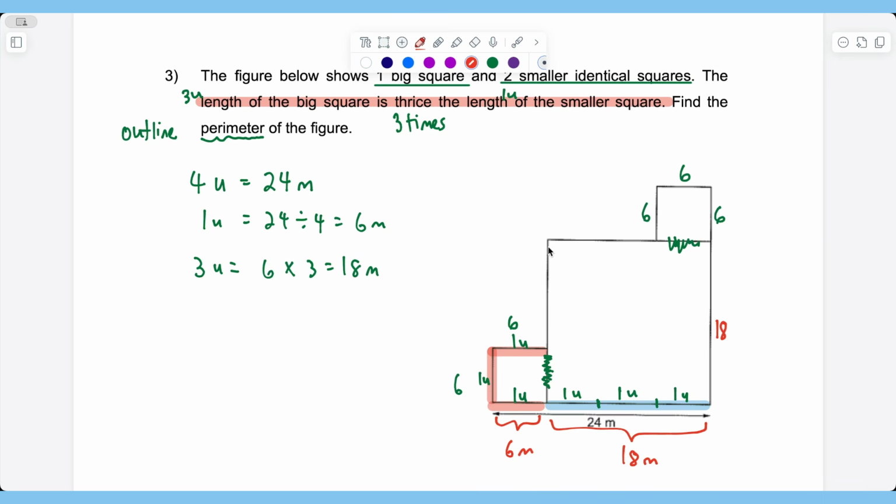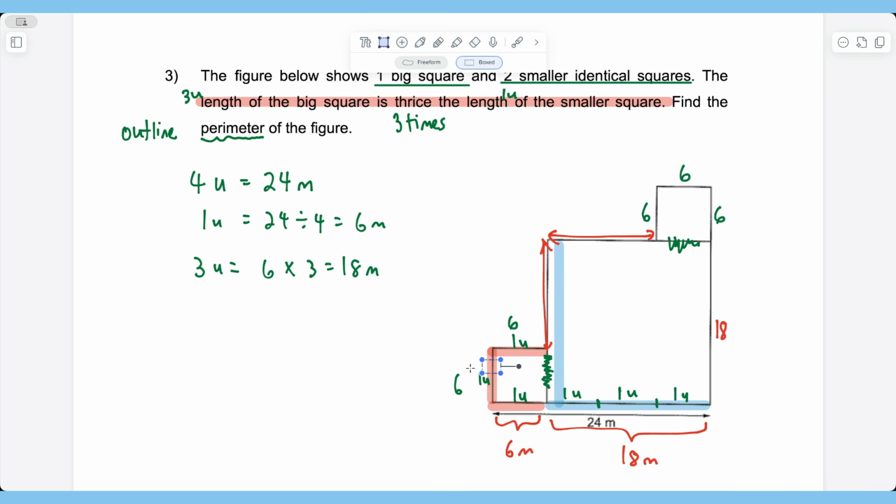Now we are only left to find this part and this part. So what shall we do now? This is the side of the big square. This is 18. If I bring this 18 close to here, this whole length is 18, right?